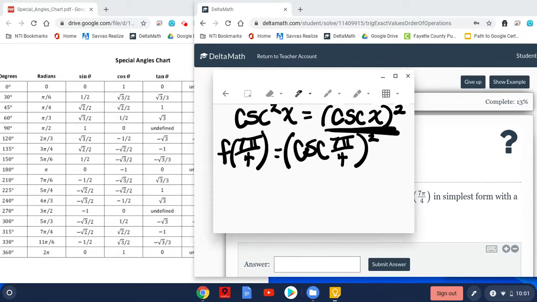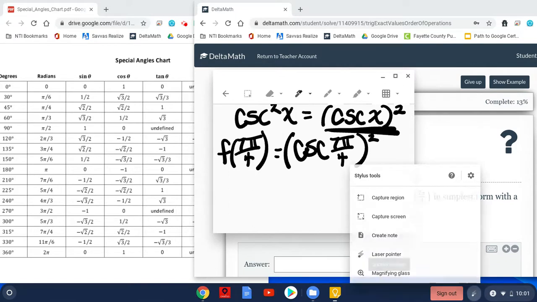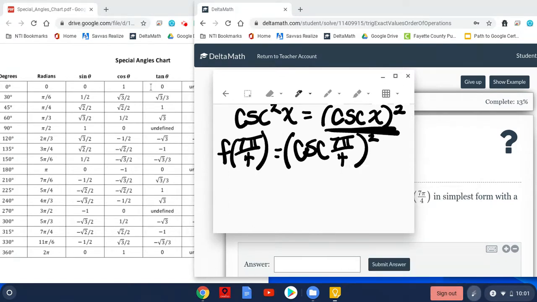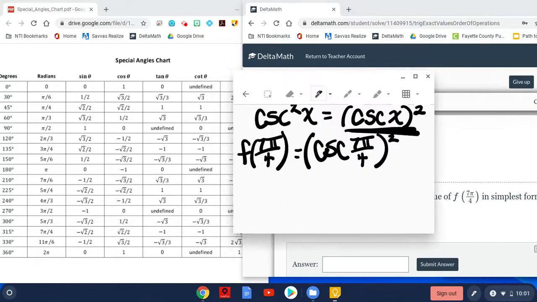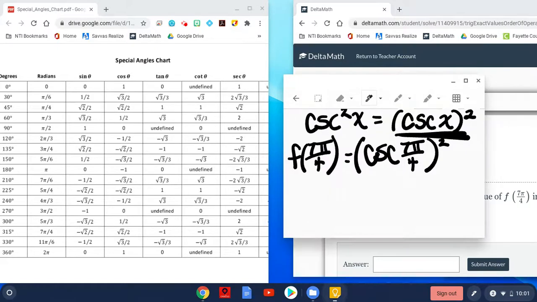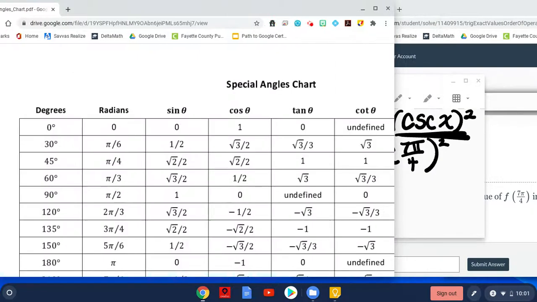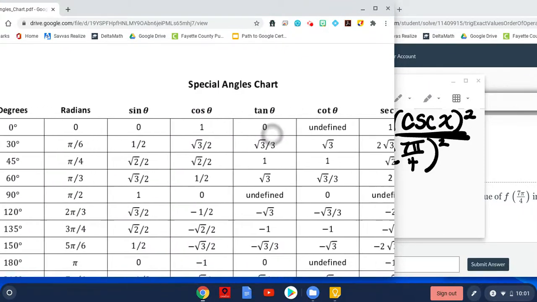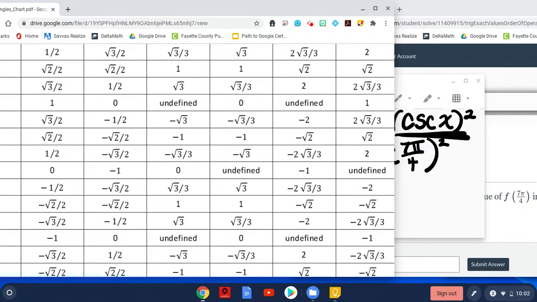So I go over to my chart, and I find the cosecant. I have to move everything out of the way. Cosecant's way over here. Cosecant of 7 pi over 4.